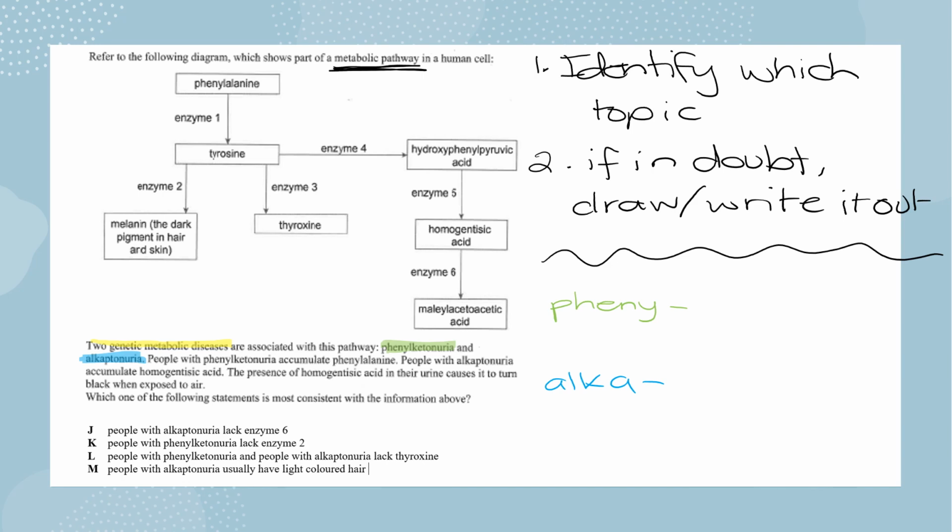So if I go through this, people with Fenny accumulate phenylalanine. Cool. All right, so I've summarized that. Perfect. People with Alka accumulate homogentisic acid.